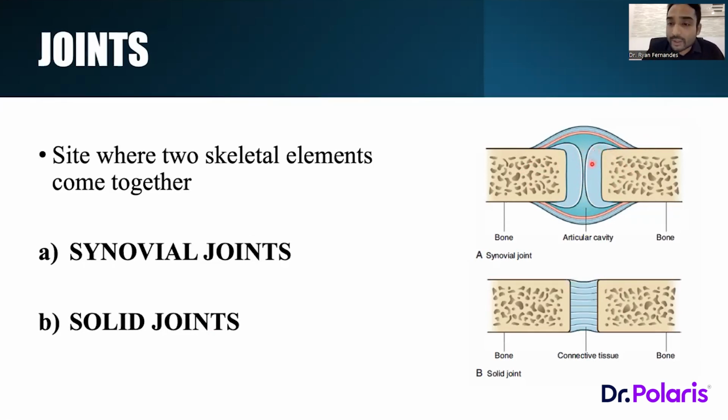So this transparent cartilage is covering the bones on both sides, so that the bones directly do not come in contact with each other and they don't produce friction. So hyaline cartilage that covers the bones avoids friction between the two bones, and it allows for the smooth gliding of one bone over the other.